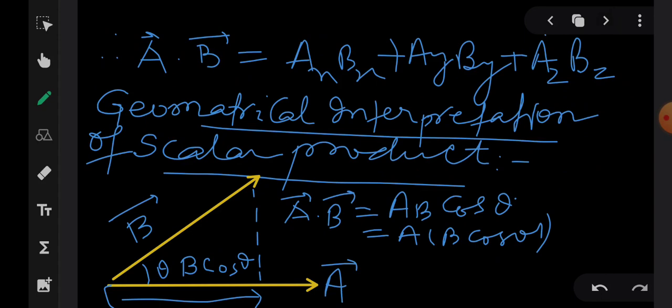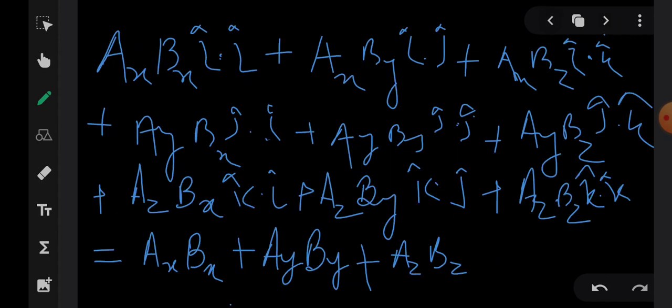Now we know that i dot i will be how much? When we take the dot product of two similar vectors, the angle between them is 0.